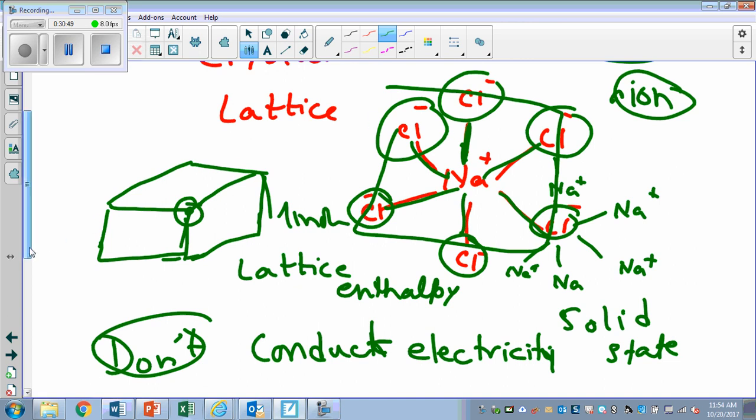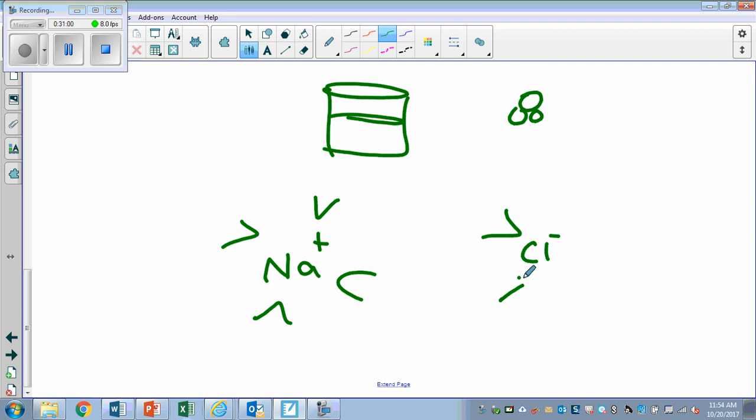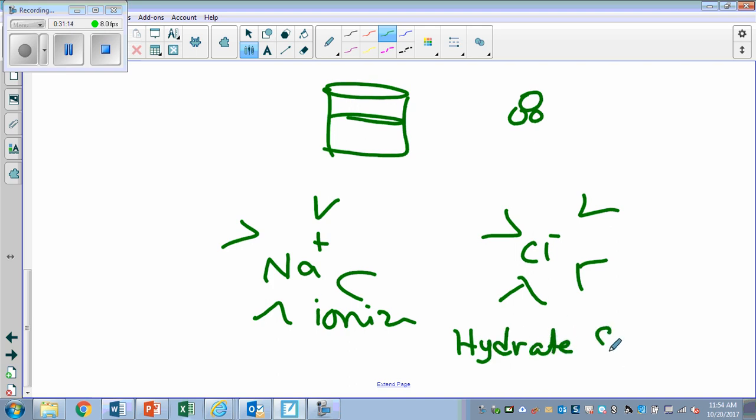If you remember, this is called dissociation. Each sodium ion will be surrounded by water molecules, and each chloride ion will be surrounded by water molecules. This dissociation, where they are separated from each other, is ionization. We call them hydrated.